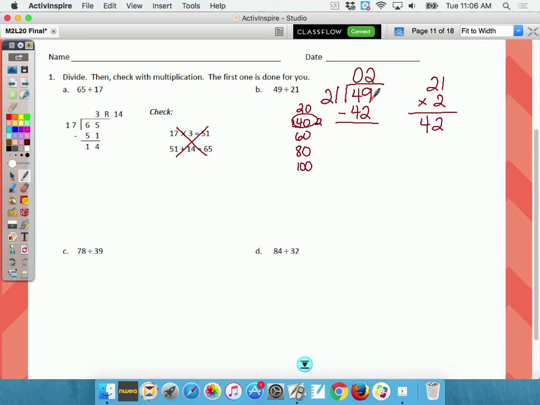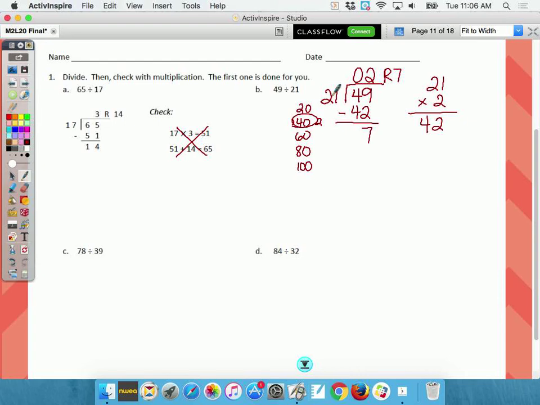Okay? So 9 minus 2 is 7, less than my divisor. It is, okay? So, lo and behold, Dwayne's on to something here. If I have to go over here and write this multiplication problem, then part of my checking is already done for me. Clever, huh?